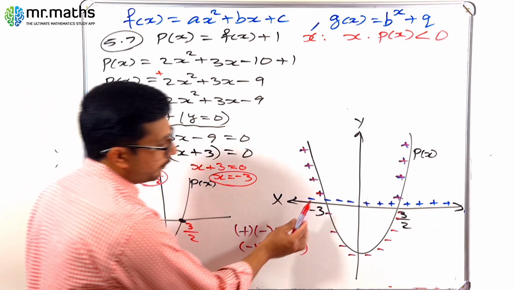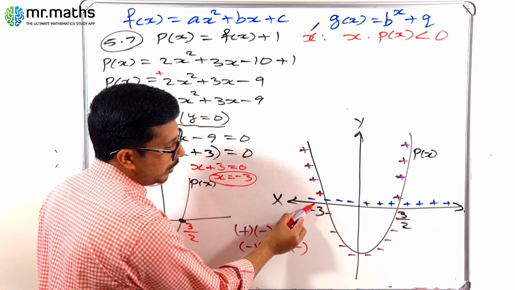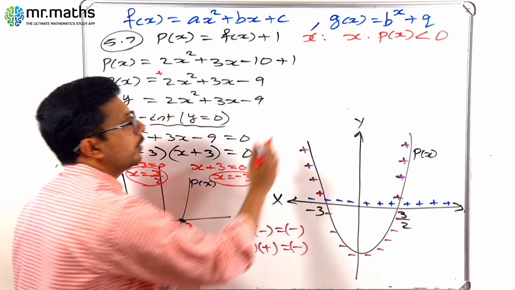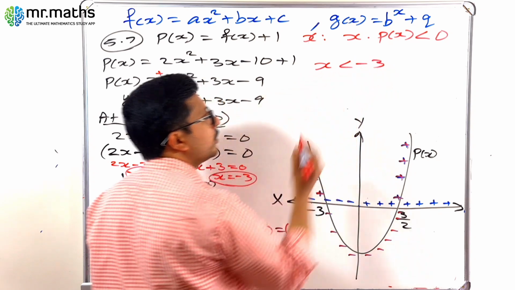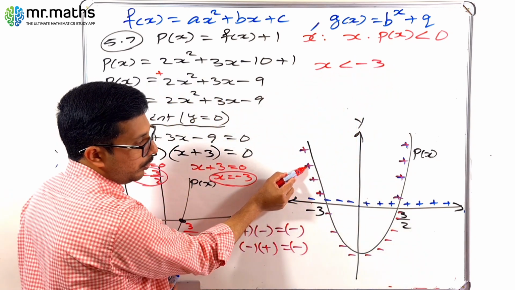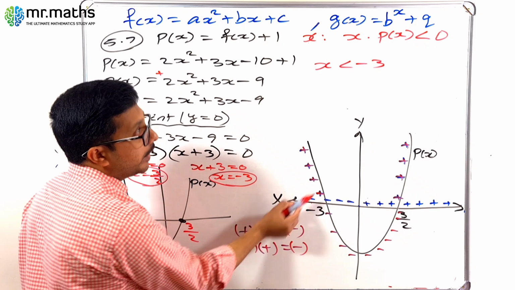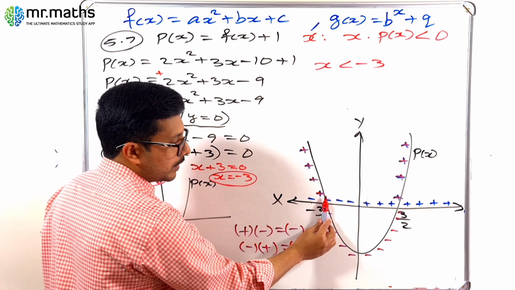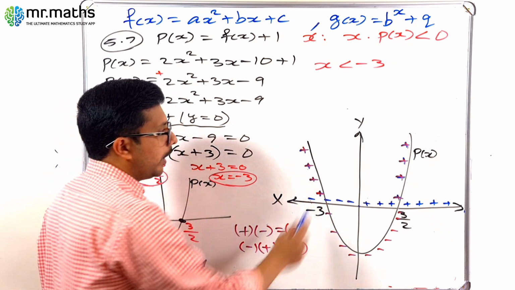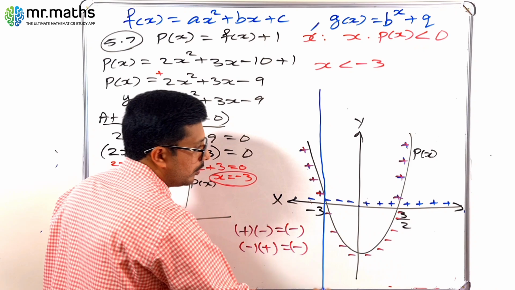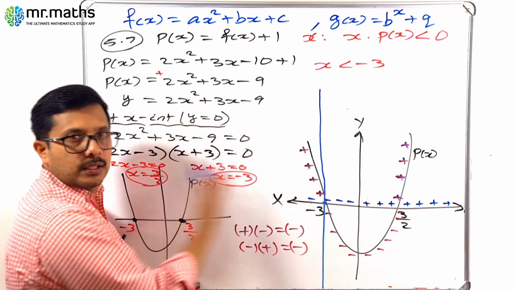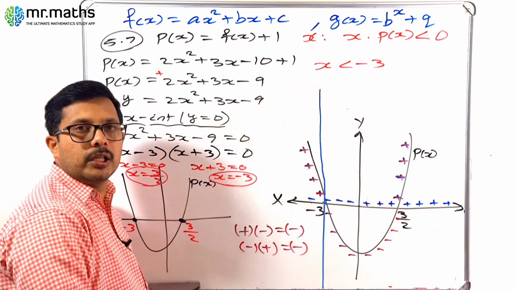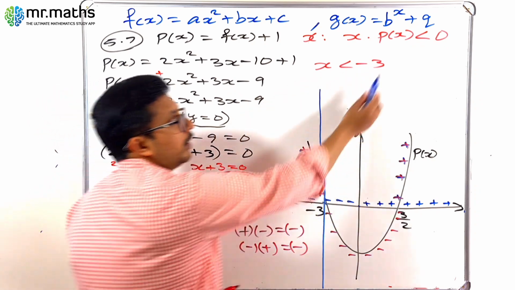Okay, so look at this one. Here the graph is positive and the x value is negative when x is less than minus 3. That means when x is less than minus 3, p of x is positive and x is negative. If I draw a line passing through this minus 3, you can see that before that one it is positive and negative, so if you multiply positive into negative it is negative.